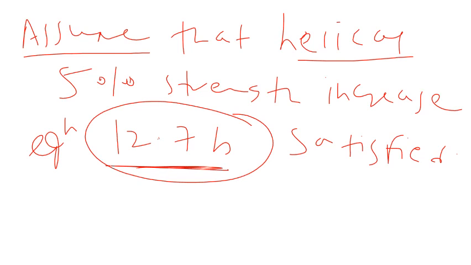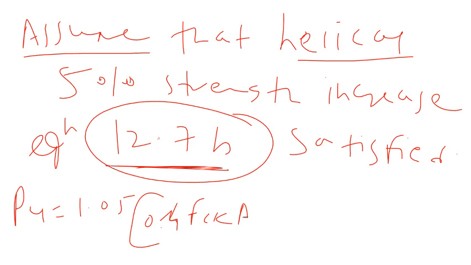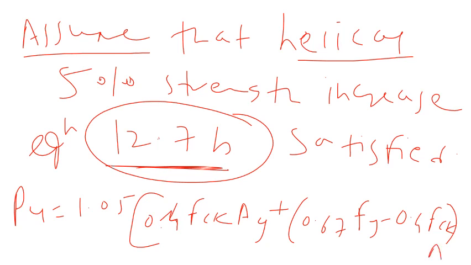Okay, so if this is so, we can write the formula for Pu. So Pu will be equal to 1.05 into bracket 0.4 fck into Ag plus bracket 0.67 fy minus 0.4 fck, multiplied by Asc.